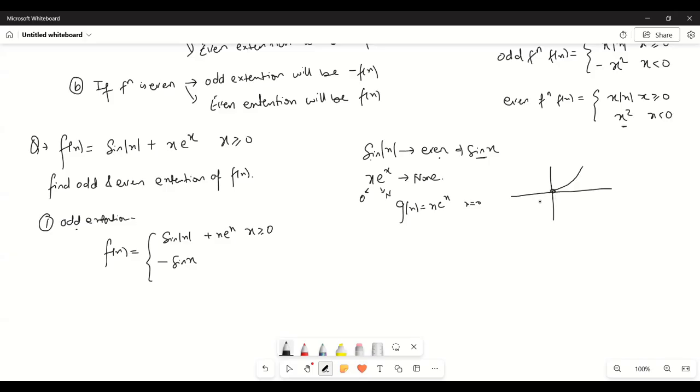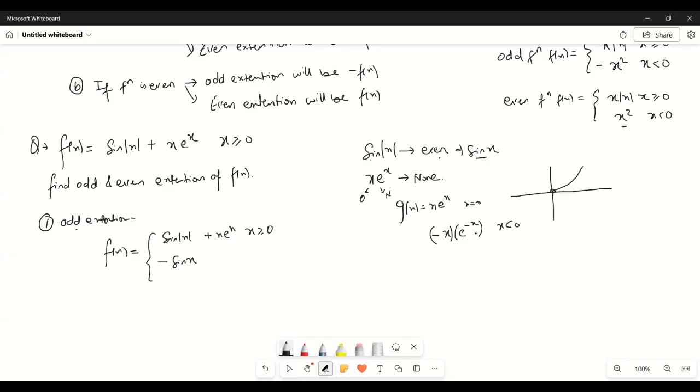Now, how do we bring this graph on the negative side? Reflect about the origin. If you plug in x as minus x, this will give minus x into e to the power minus x, for x being less than 0.